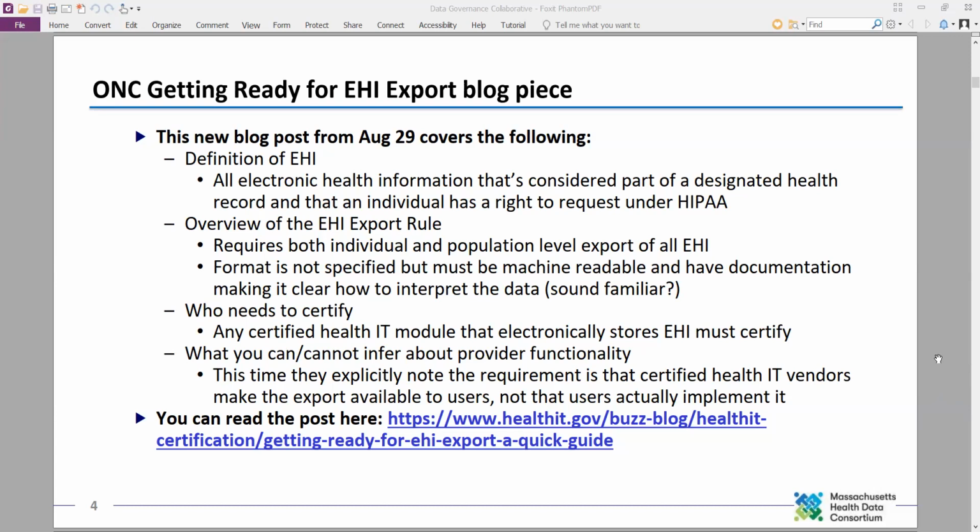And the one advantage here is that with the hospital price transparency, every single hospital can do their own format. Here it's certified health IT vendor, so it's a smaller subset. So presumably, everyone using Epic would have the same format. For instance, everyone using Cerner would presumably have the same different format.